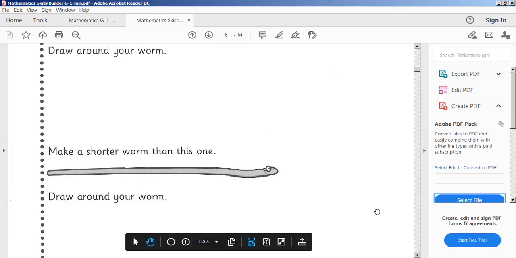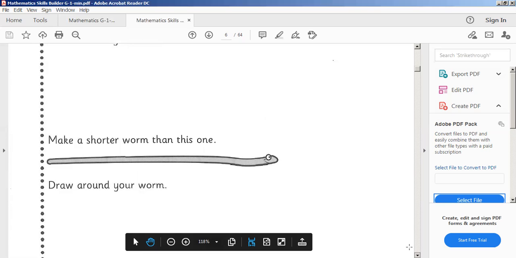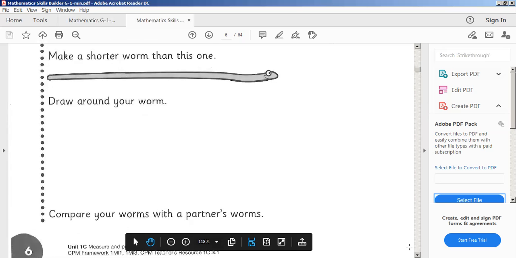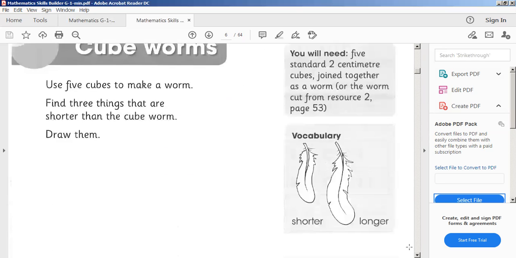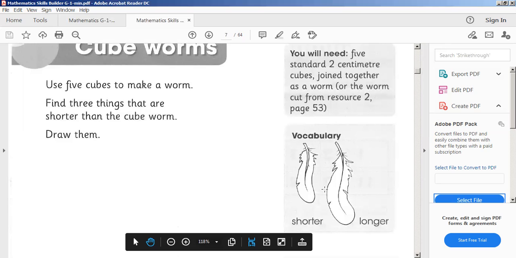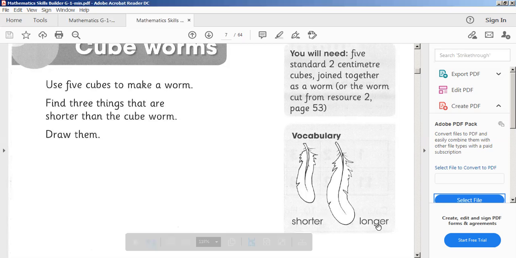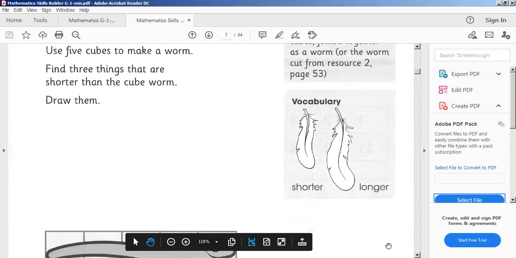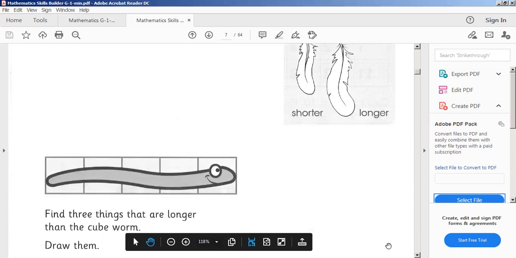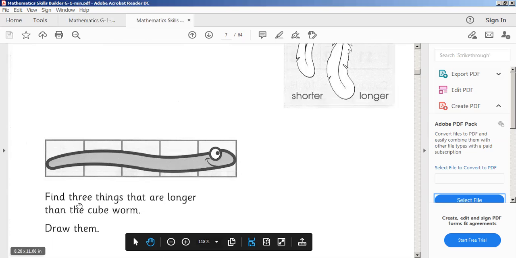Then we go to another page, the same feathers from your book. This is the shorter and this is the longer. This is vocabulary, taken from your book. Use 5 cubes to make a worm. Find 3 things that are shorter than the cube worm, and draw them. Find 3 things that are longer than the cube worm.